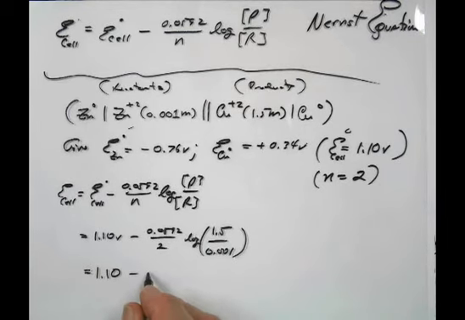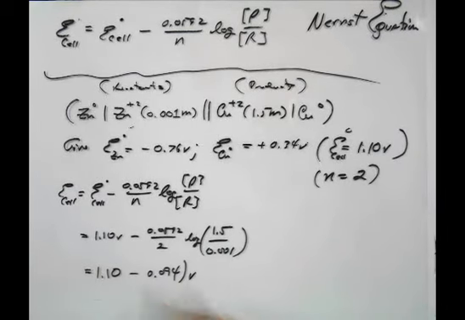minus 0.094 volts. Okay, wait a minute, let me run that one more time. 1.5 divided by 0.001 equals that.